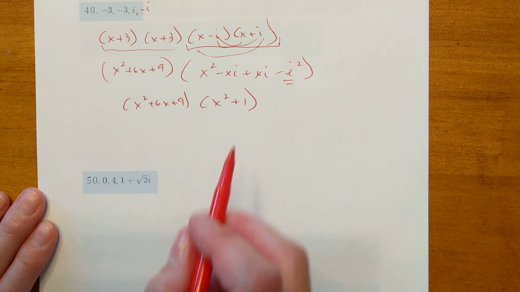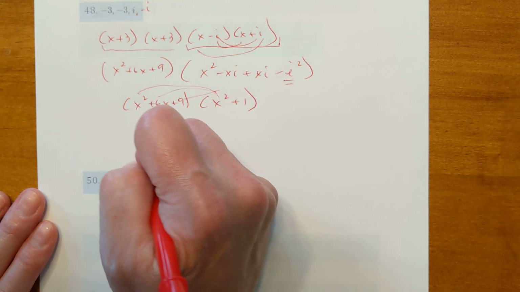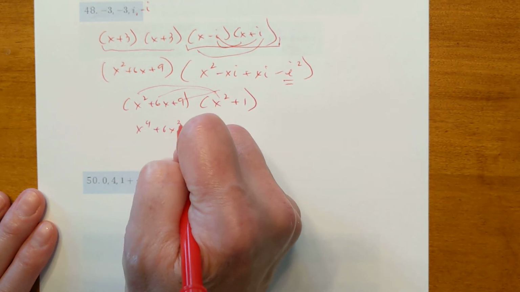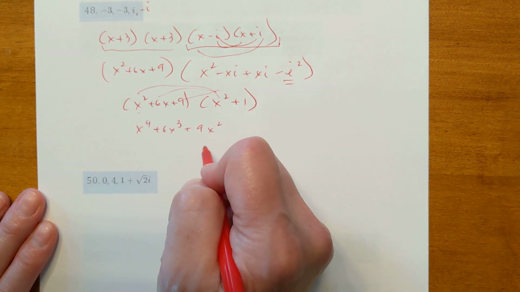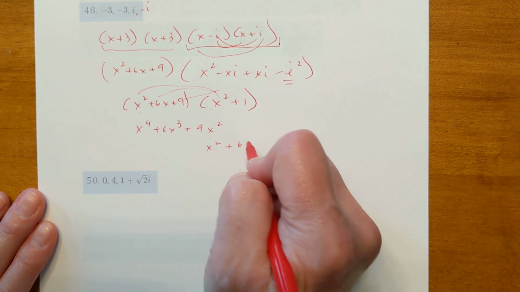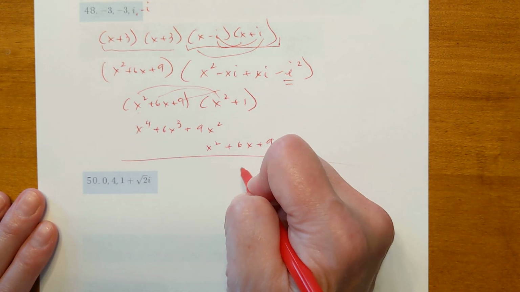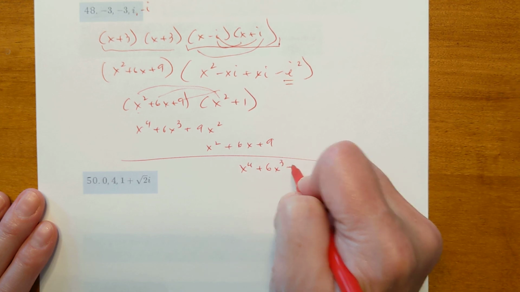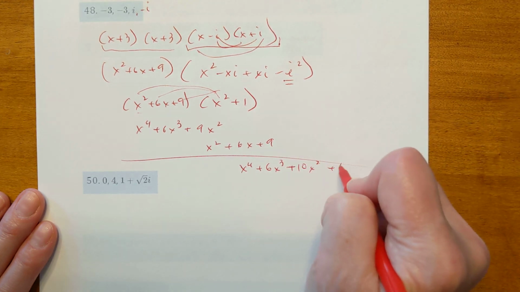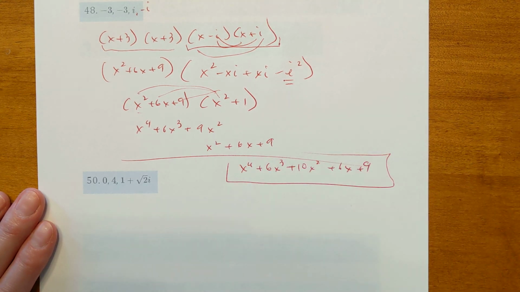So I'm going to multiply all of them by x squared. So it's x to the 4th plus 6x to the 3rd plus 9x squared, and then multiply all of them by 1. So that's x squared plus 6x plus 9. So when you add it all up, you get x to the 4th plus 6x to the 3rd plus 10x squared plus 6x plus 9. That's the answer to the whole thing.